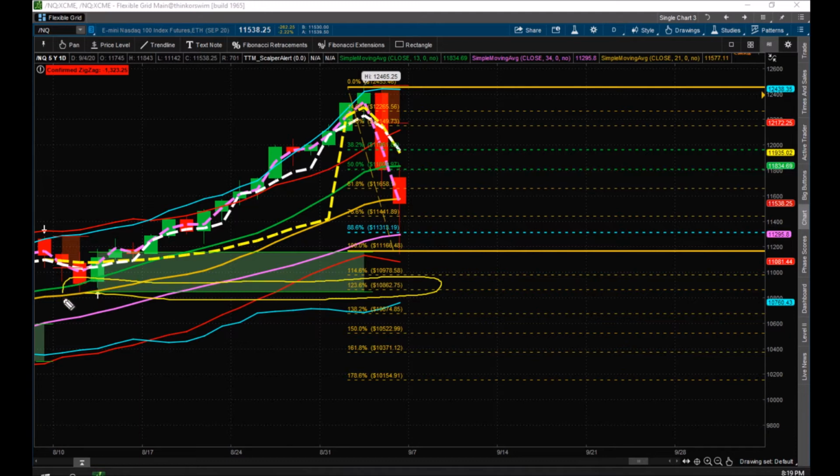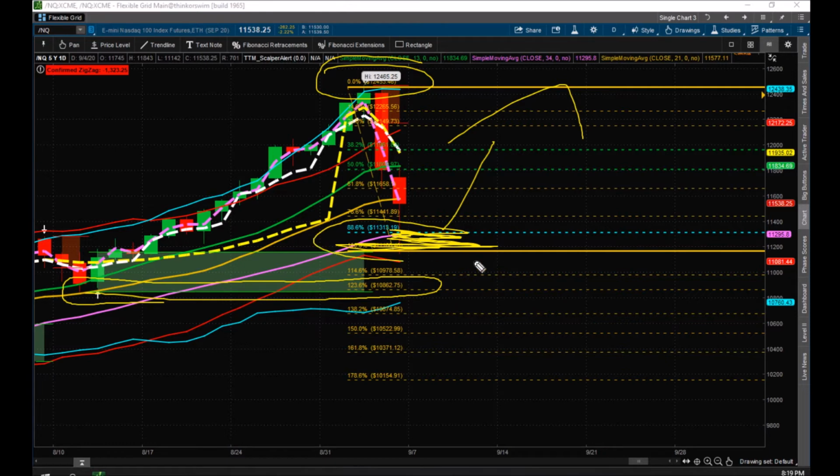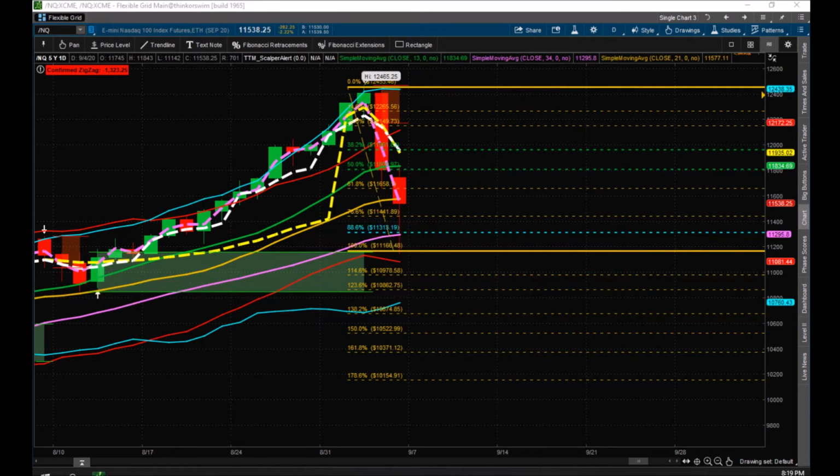That is what I'm seeing just by looking at this chart. But it has to respect this 34. If this 34 gets respected, the market's going to continue to go back to the high. So tomorrow, Monday or next week, we have to respect this whole area here. See what I'm saying? If it doesn't respect it, then it's going to continue dropping.